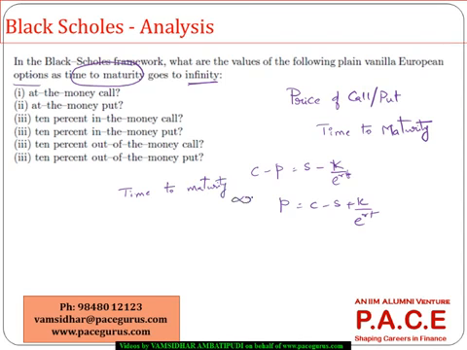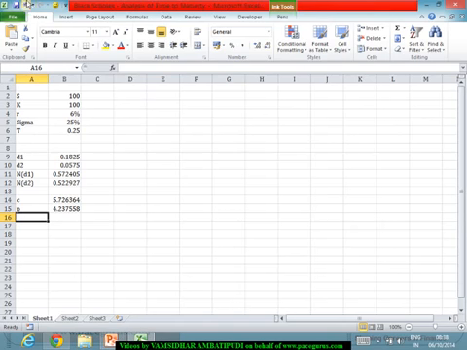But as the time to maturity goes to infinity, what is going to happen for the at the money call and at the money put? First of all, here it is at the money only because the spot price and the strike price are more or less the same. So right now I am seeing these are the call and put.